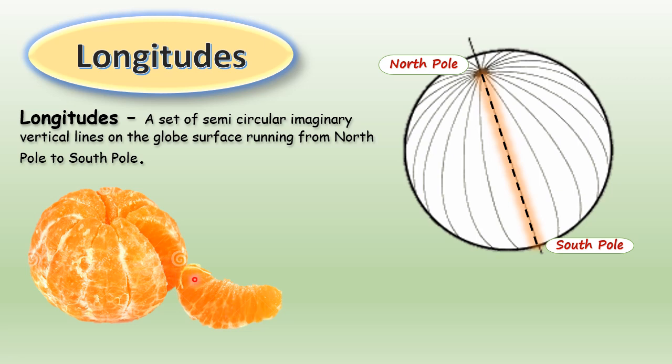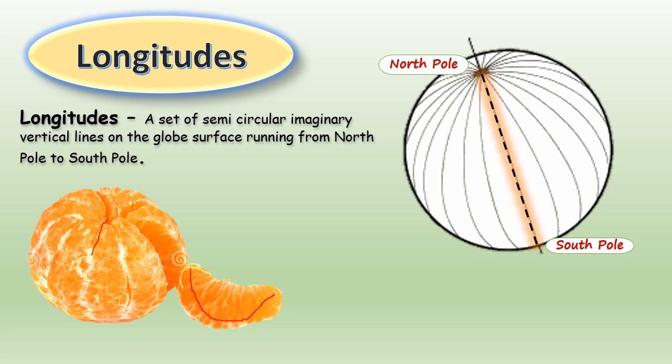If you notice, it is semicircular. How? I'll tell you, children. Can you see here? It is a semicircular shape. So meridians, that is longitudes, are like this only.